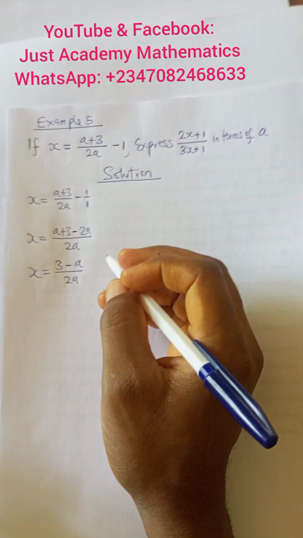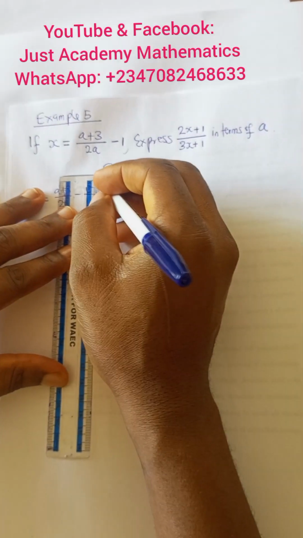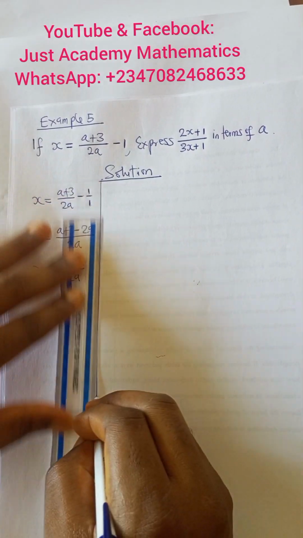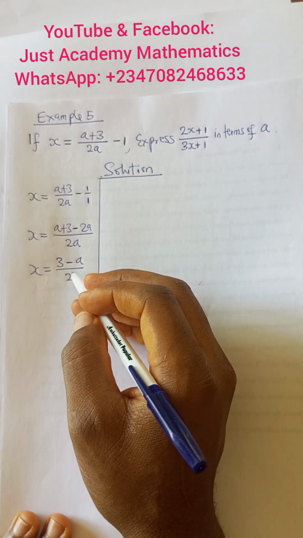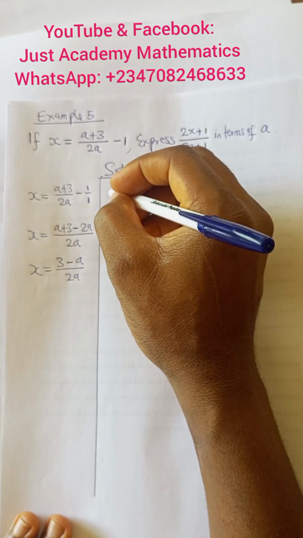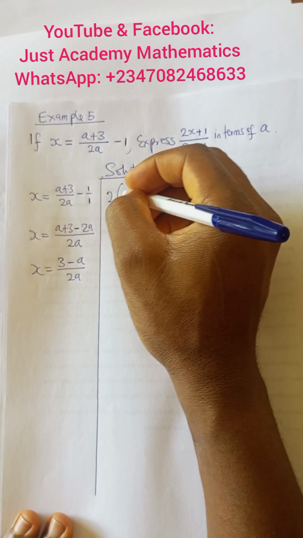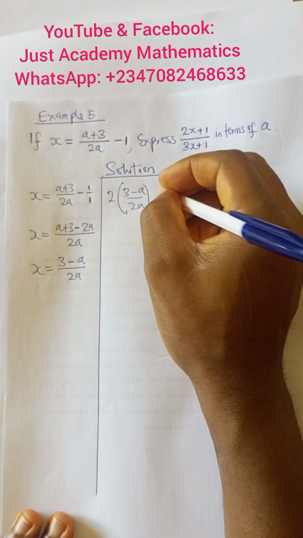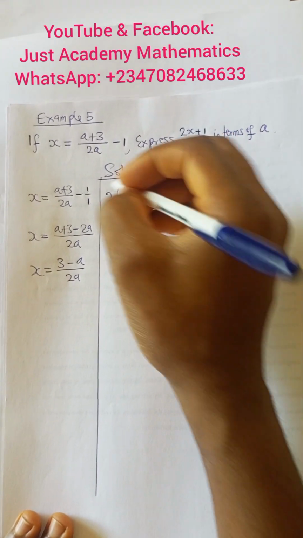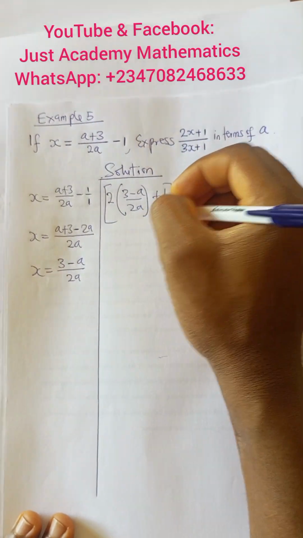So now that we know that this is X, we can come and substitute here. We now know that anywhere we see S, we put the whole of this. So coming to this place, 2X. What is X? 3 minus A over 2A, plus 1. That is the numerator. I'm putting it like this.